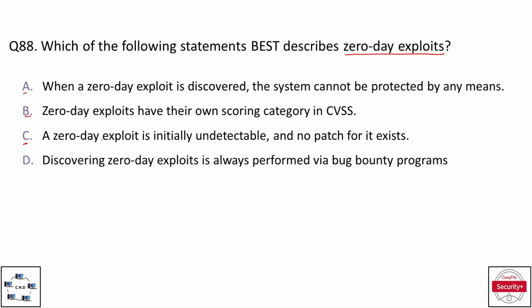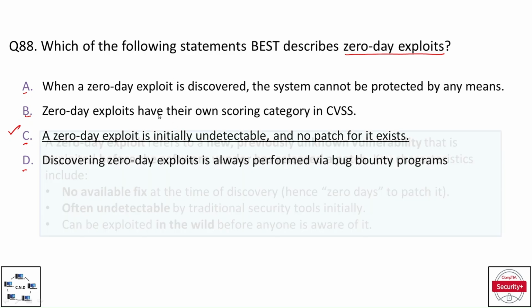Option C, a zero-day exploit is initially undetectable and no patch for it exists. And option D, discovering zero-day exploits is always performed via bug bounty programs. And the correct option is option C, a zero-day exploit is initially undetectable and no patch for it exists.